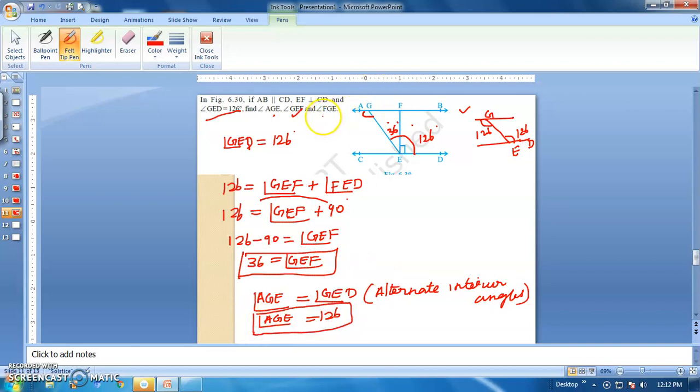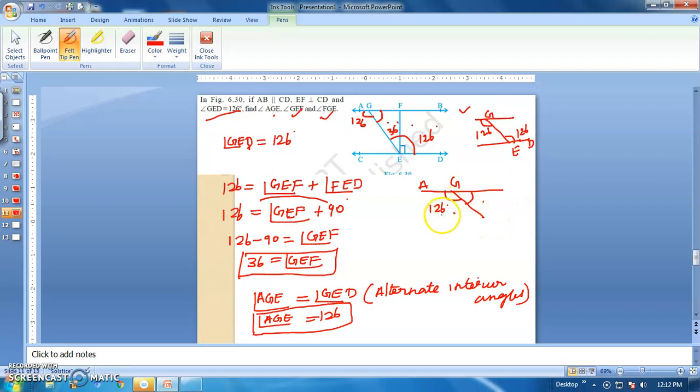Okay. And next they are asking FGE. In the diagram, they are asking for this angle. This one is 126, right? We found it just now. Now it is a straight line. I am drawing it separately here. This one is G, this one is A, and this one is 126. They are asking to find this angle. So when you look at this diagram, are these two angles a linear pair or not? Yes, because it is a straight line, a transversal. So they are a linear pair.